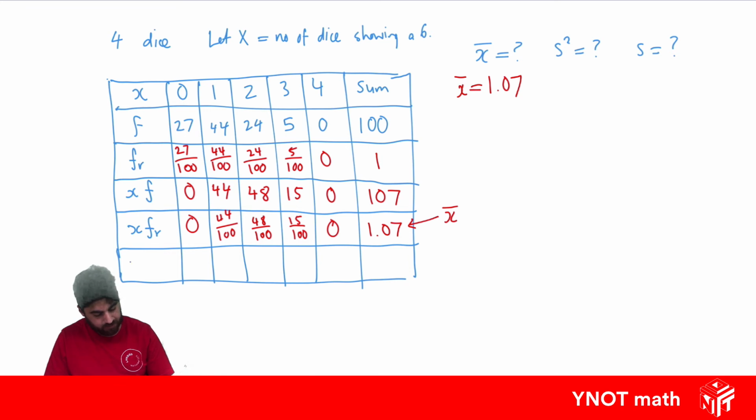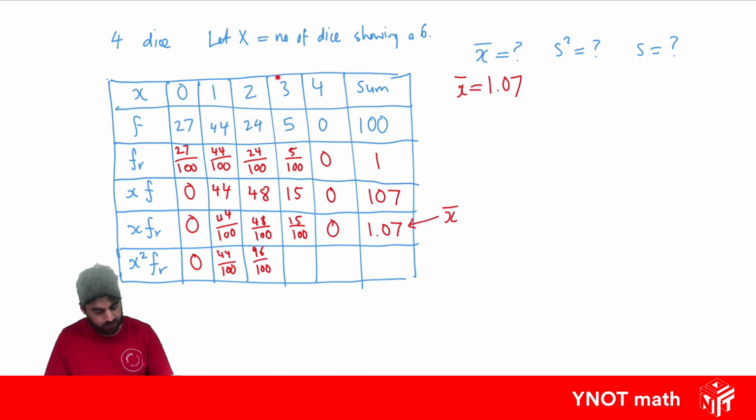Our next step is to square our value of x and multiply it by the relative frequency. So first we get 0 squared times our relative frequency of 27 on 100, which will just give us 0. Now we've got 1 squared times our relative frequency of 44 on 100, which will just be 44 on 100. Then 2 squared, which is 4, multiplied by our relative frequency of 24 on 100 gives us 96 over 100.